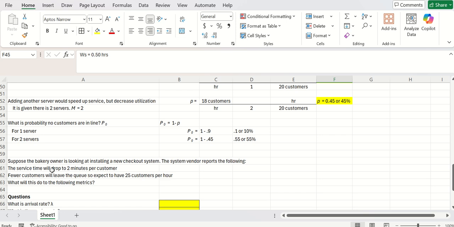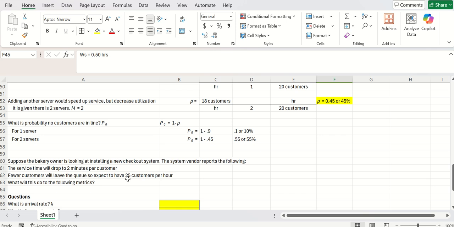Now that we've reduced the amount of time that customers are waiting, we expect that you're going to have fewer customers that come in the door and then say, I don't want to wait that long today, and turn away, or they will get in line and stay in line. So what we expect is that we will jump from 18 customers per hour up to 25 customers per hour. So again, you're going to drop the service time, you're going to get an increase in the number of customers that you're serving, which means that your sales will go up.